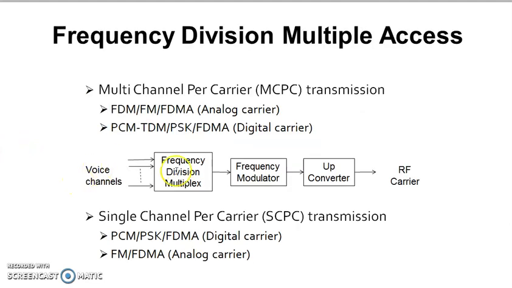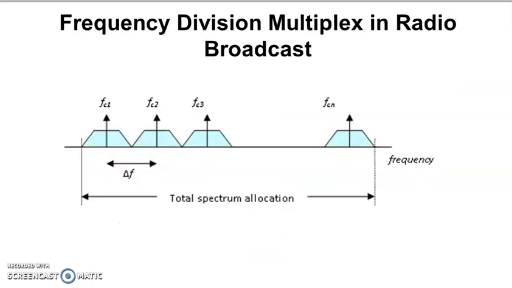Here we have voice channels using FDMA, we convert them to the RF carrier, and while using different channels, we have an upper limit on the power and bandwidth of the signal.